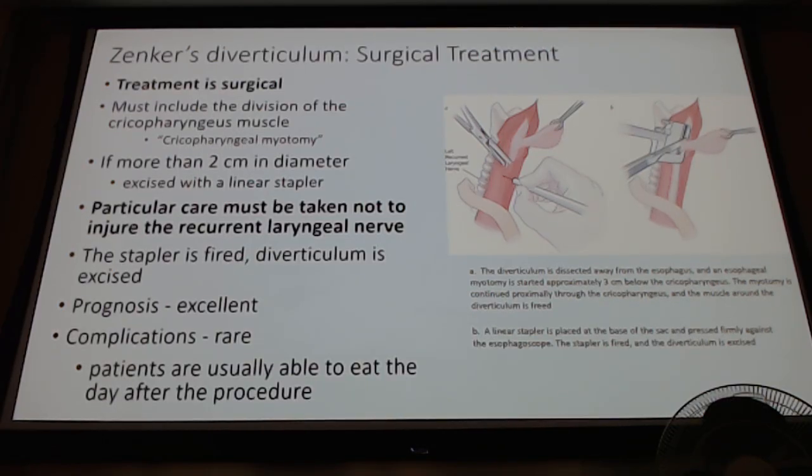And then you can sharply dissect or sharply cut the diverticulum off right next to that staple line, and we suture our incision back up on the posterior esophagus, and then we move on. Okay, most of the time it does not cause any real complications. Okay, prognosis is excellent, very rare complications, and normally they can eat the day after the procedure. Okay.